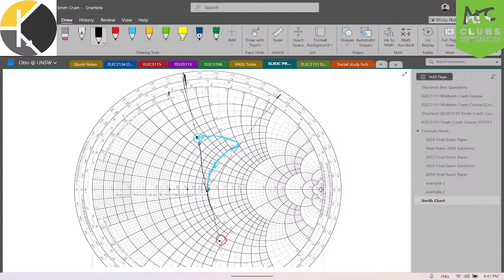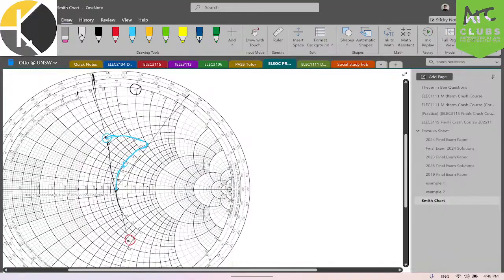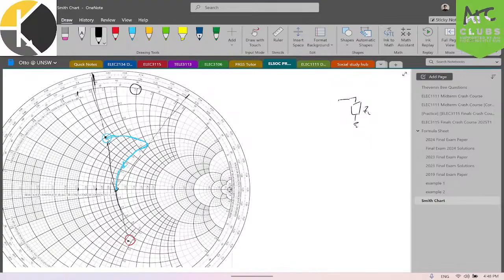Yeah, and then you add a step which adds 1.2 conductance in parallel. So I'll just draw this again. You have your load ZL. You add a section of line of some length.